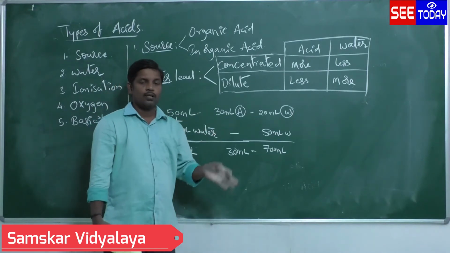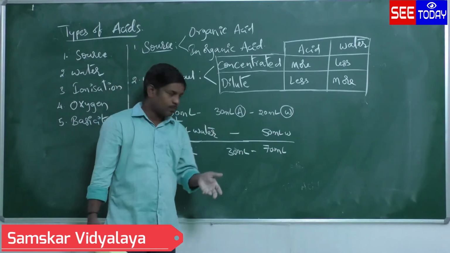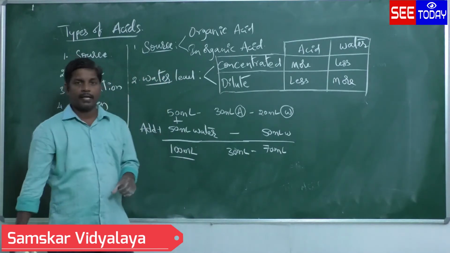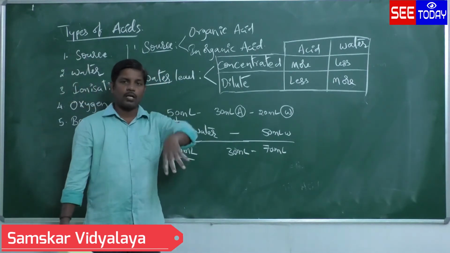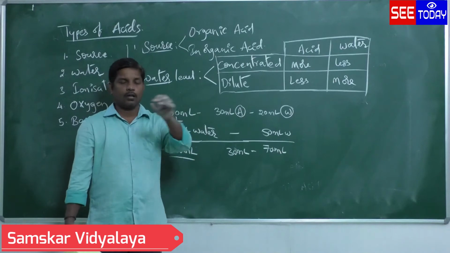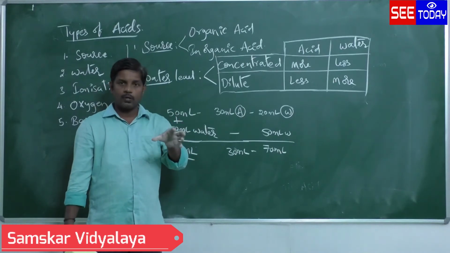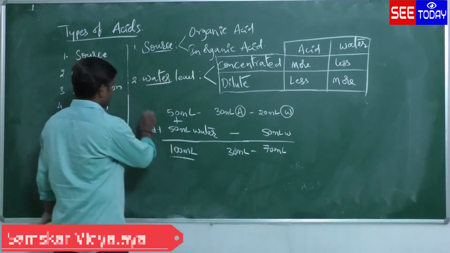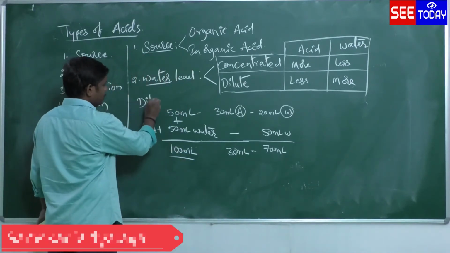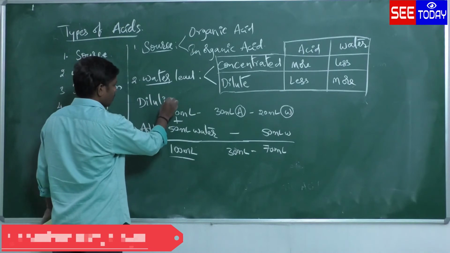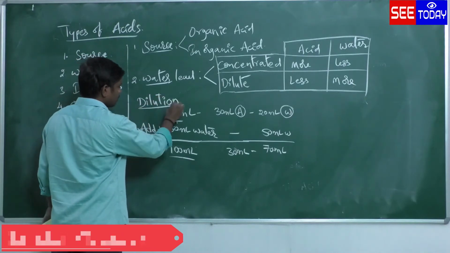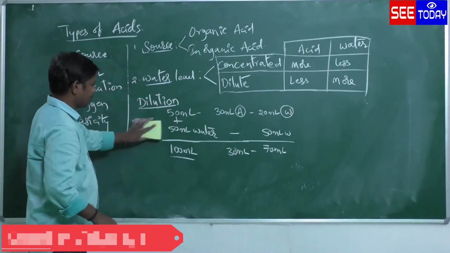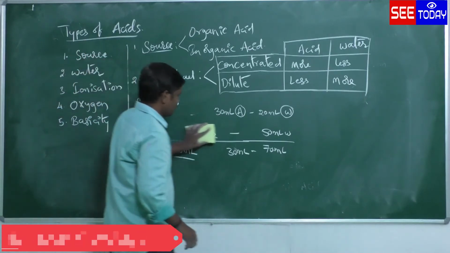How can we convert concentrated acids into dilute acids? By adding water. Adding water to acid or base, we call that dilution.